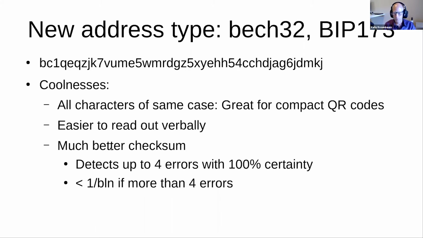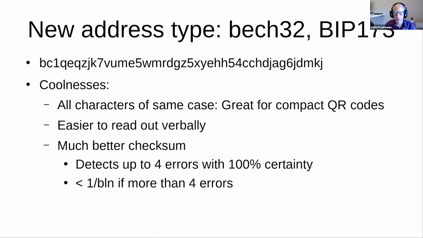And the checksum is much better for this class of addresses. For legacy addresses, the ones that started with 1 and contained a lot of base 58 characters, the checksum was 4 bytes. And 4 bytes can encode roughly 4 billion different values.